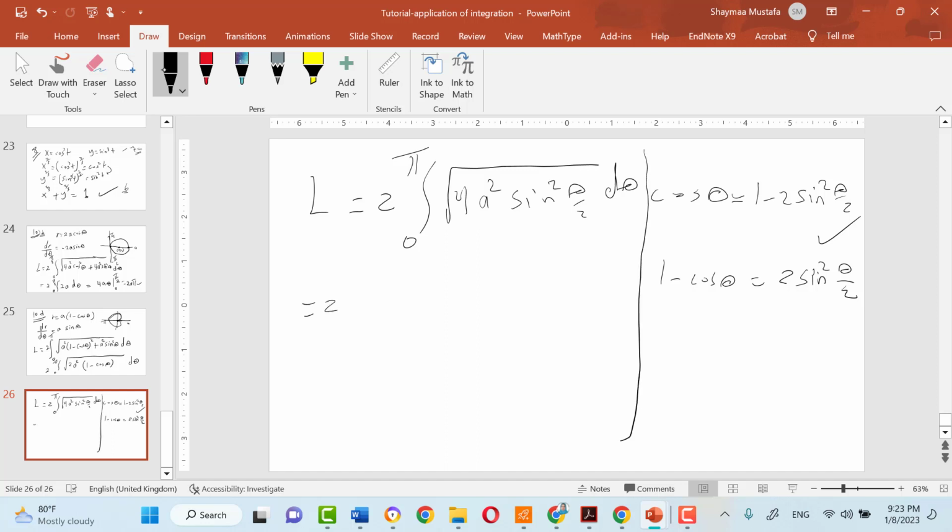And this one, the integration from 0 until pi of 2a sine theta over 2 d theta. So this is a simple integration and you can continue. Your final result is 8a. This is the final result you have to get.